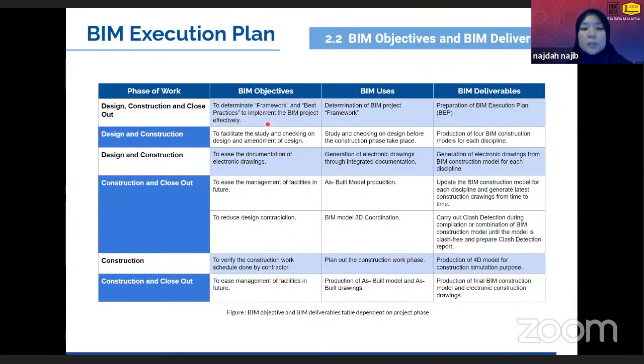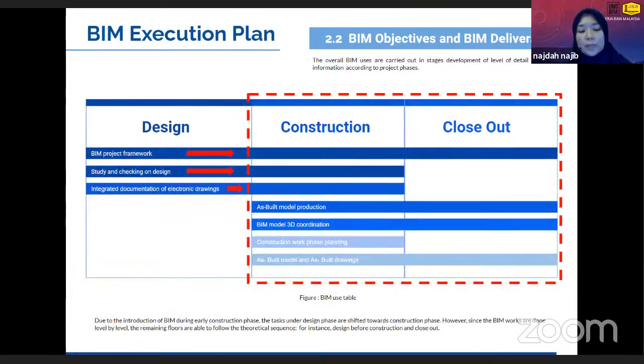Oh, and another thing, did you get any info on how long it took for the BIM consultant to model the whole thing? Did you have any info on that? Sorry, we didn't get this. Oh, you didn't get it. Okay. Because you can ask Mr. Nazmi to get that.